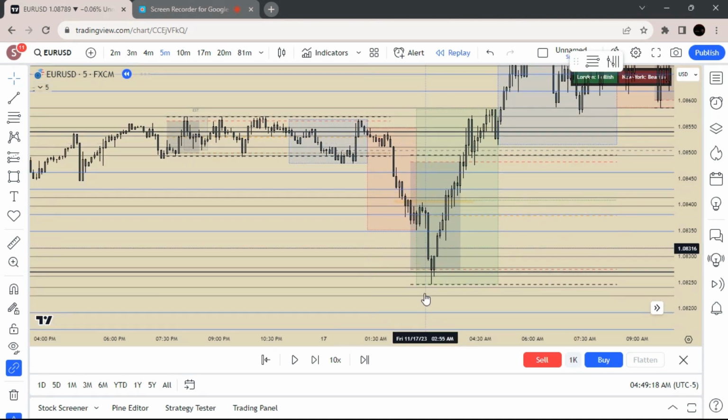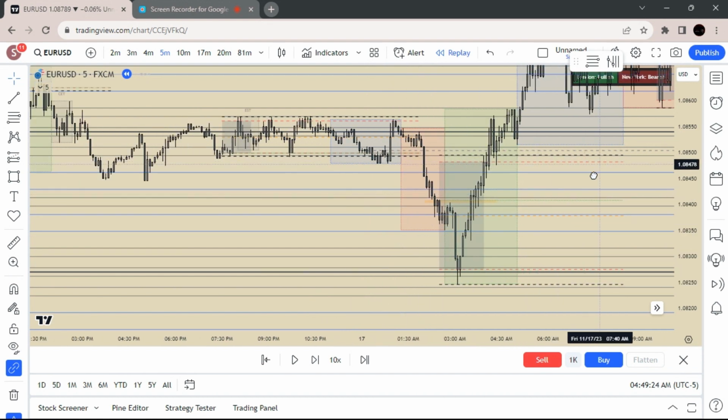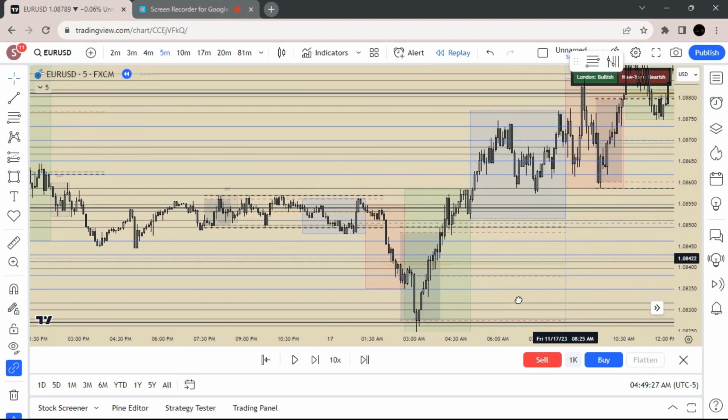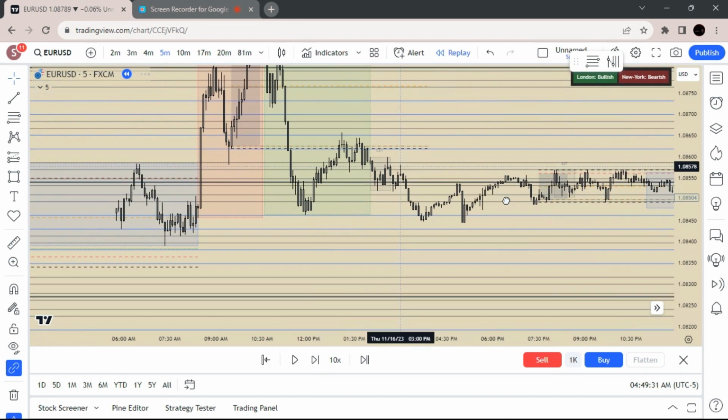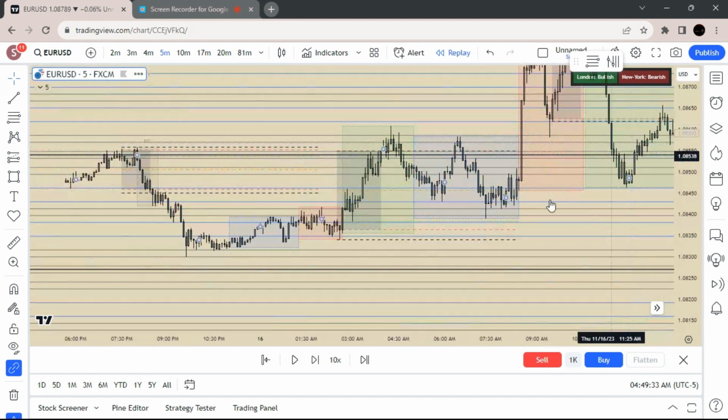Right here we have that distribution low, that fractal distribution low right after manipulation leg at the low. And when that happens, I mean, you're going to want to enter no matter what.